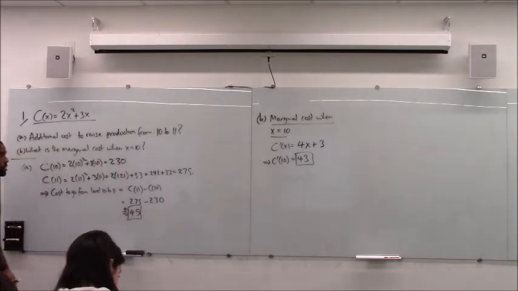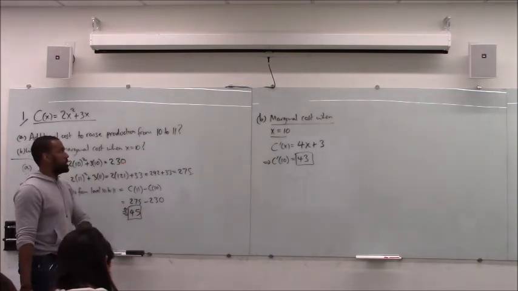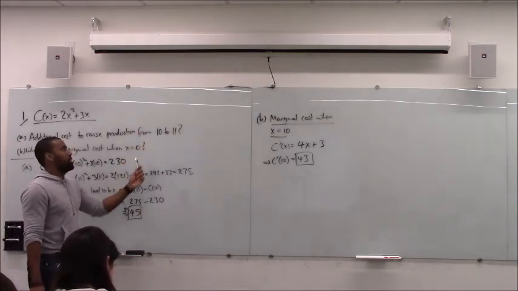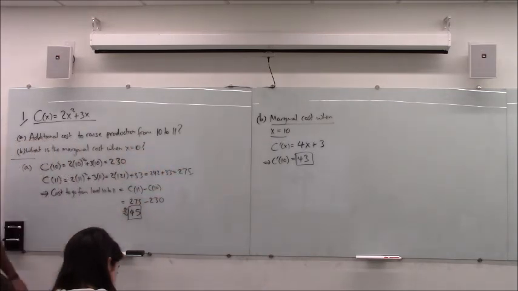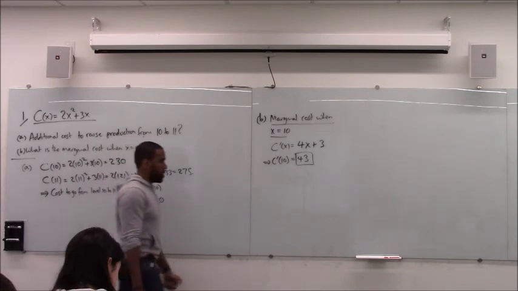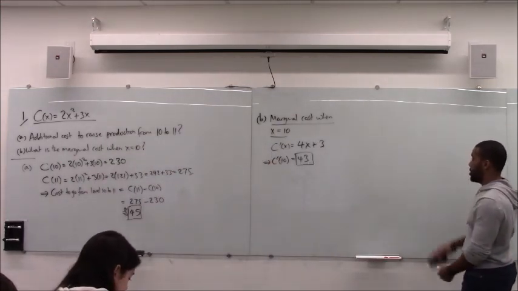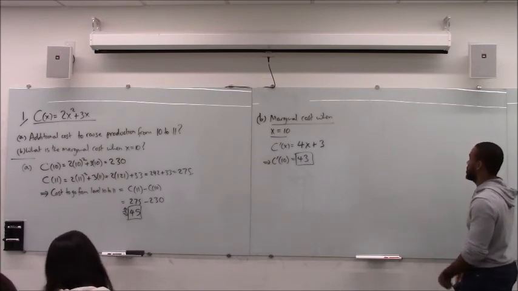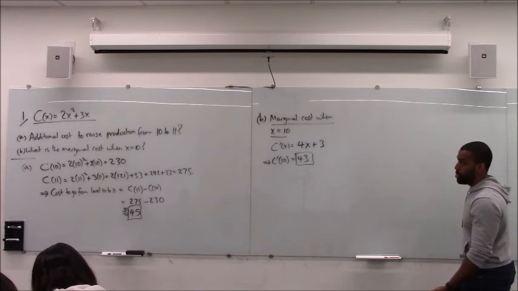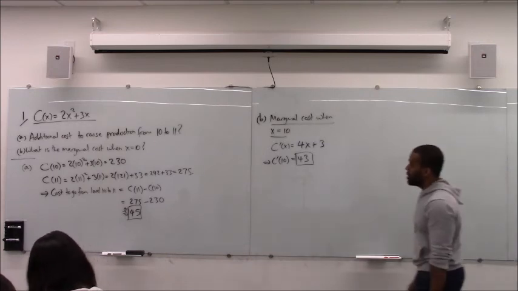If I want to go from 10 to 11, all I do is find the marginal cost at 10. That tells me what the 11th one would cost me in addition. So that's an example, just to show you overall how they're used, what the benefits of using the marginal function are versus the actual function, and that even at small production levels, you're not off by that much.